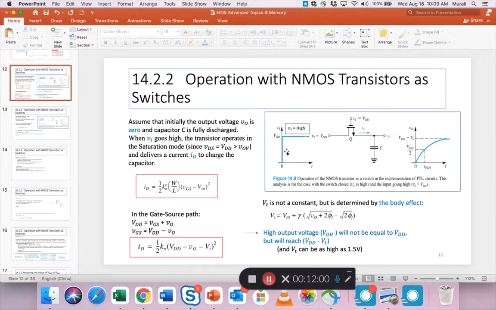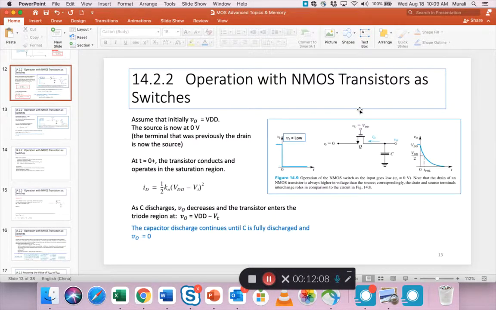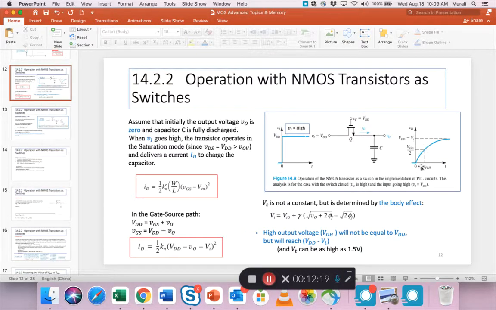So when the input is going high, we know the output goes high because this enable is always connected to VDD. Similarly, when the input is going low, the output also falls. So that's the basic idea, and you have to do both. Also, remember, we are interested in this TPLH point. This is as the output starts to rise, at what point does it reach half its output value?